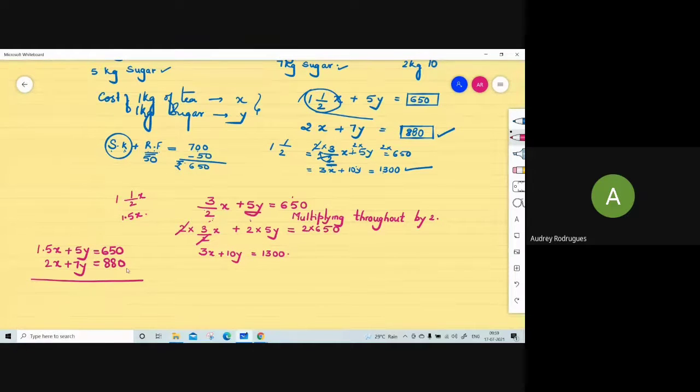Now, how will you solve? 0.5x. Is there any term with the same variable coefficients?